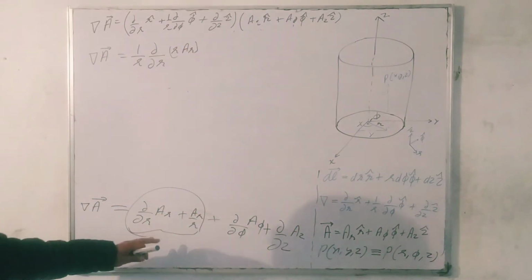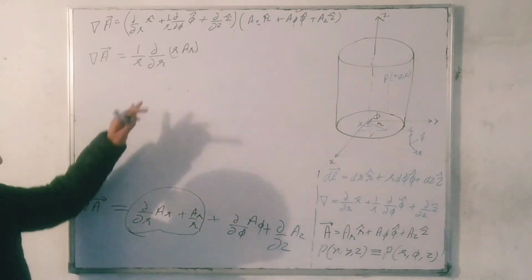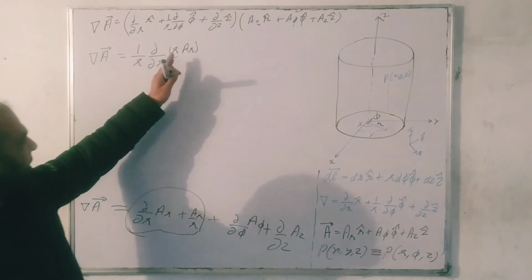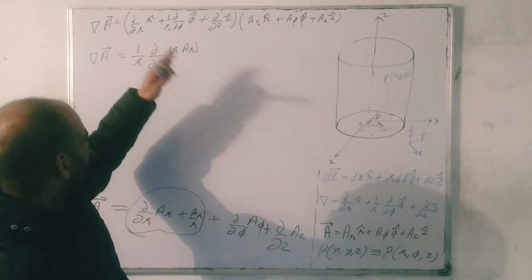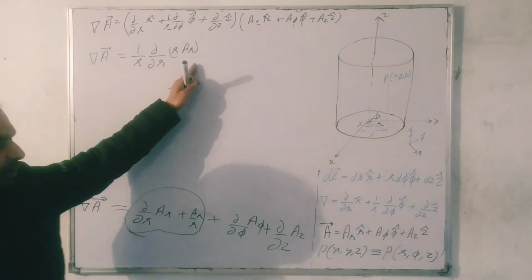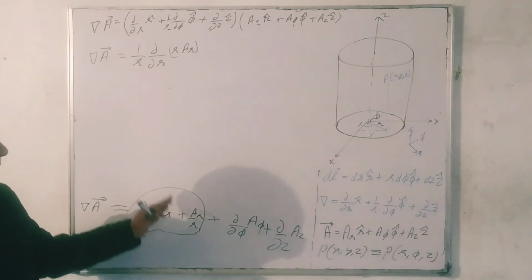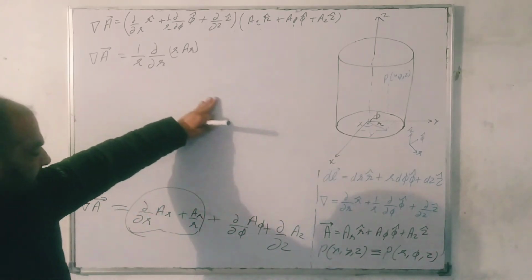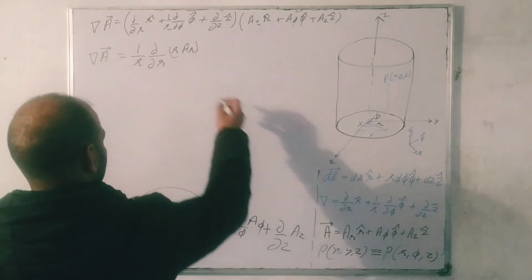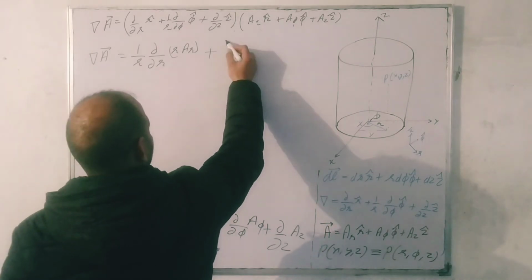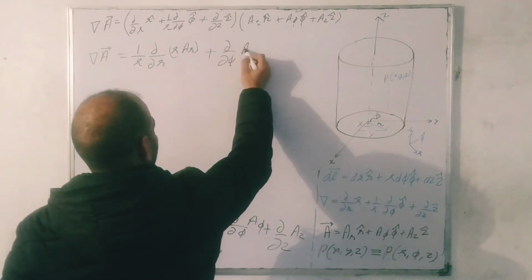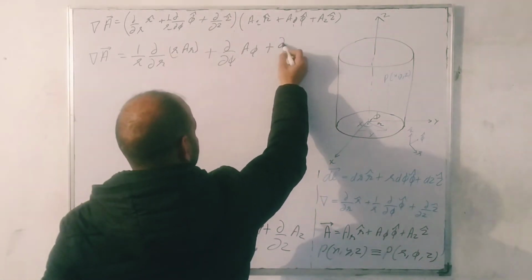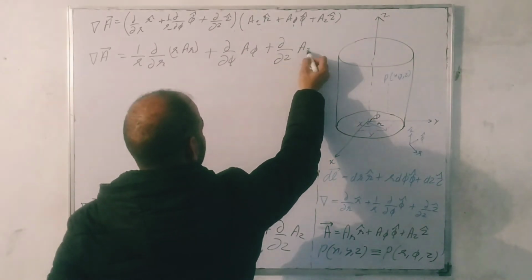So we are compressing it. Now you can check it by partially differentiating, operating this operator on these two, and you will get the same terms. So I converted this term into this one. This is the compact form, and the remaining terms remain as such. Plus ∂/∂phi of A_phi plus ∂/∂z of A_z.